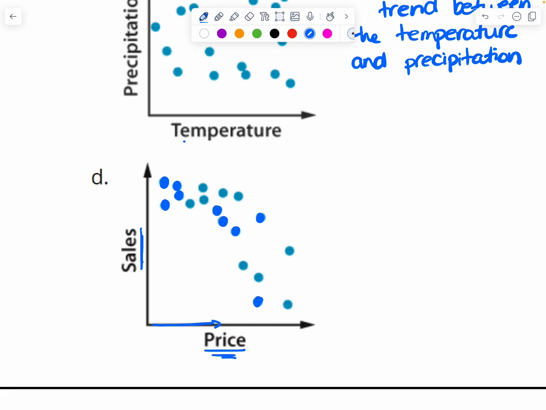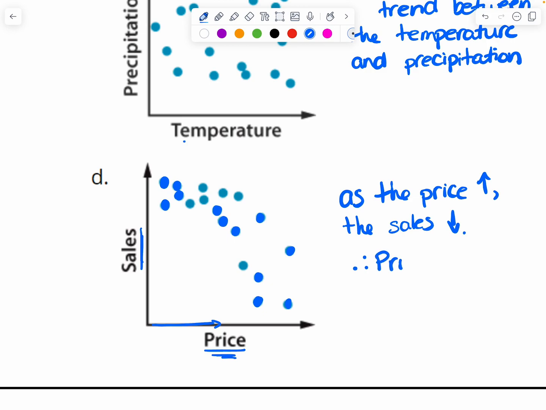So that scatter plot is saying as the price increases, the sales decrease. That's an opposite connection, right? As one goes up, the other one goes down.